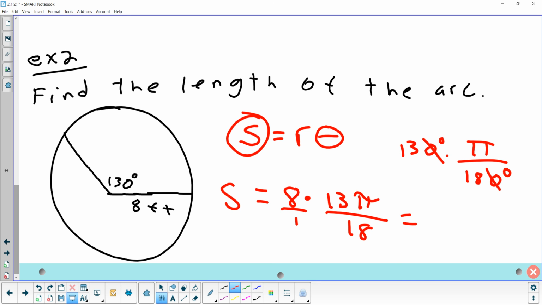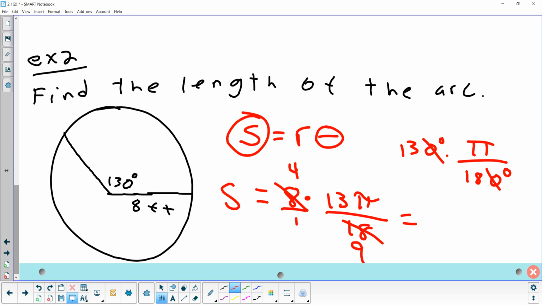Yes. Whenever you have multiplication, you can always reduce a number on the top with another one on the bottom. If it's addition or subtraction, you can't do that. So 2 goes into 8 4 times, and 2 goes into 18 9 times.